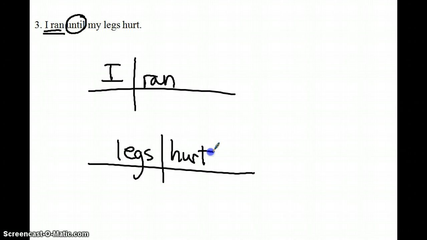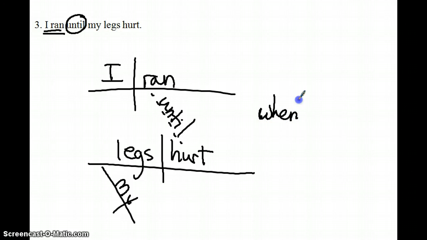They hurt. Whose legs? Mine. And now we just link them verb to verb. Remember, this whole clause underneath is acting like an adverb, answering the question, when: when you ran until your legs hurt. Okay?